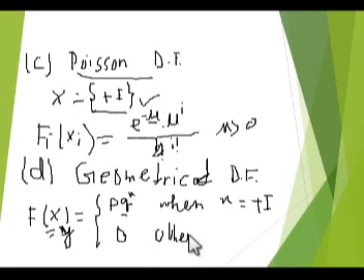For other values it is not defined, so this will be 0. This is a geometric distribution. If x takes a positive integer value, then it is defined and equals the probability p and non-probability q to the power x. Otherwise for other values it will be 0. So these four types of discrete distribution functions I have already discussed.